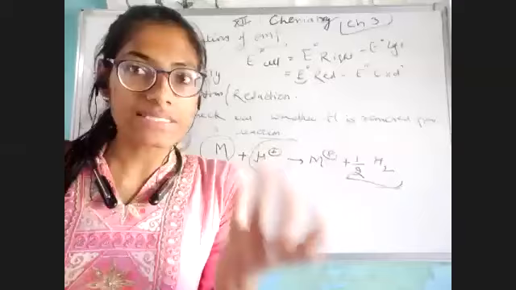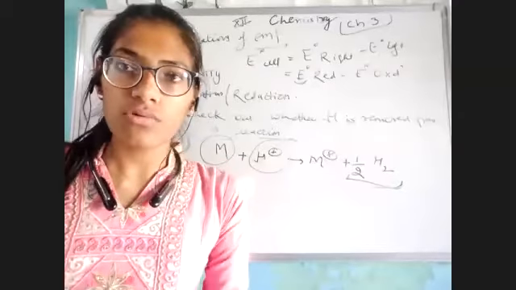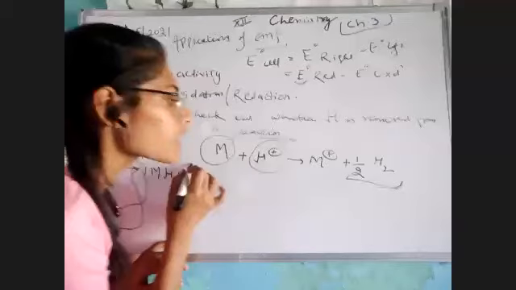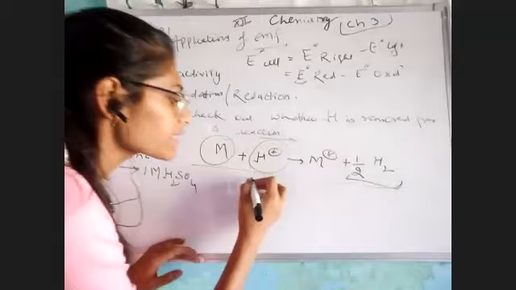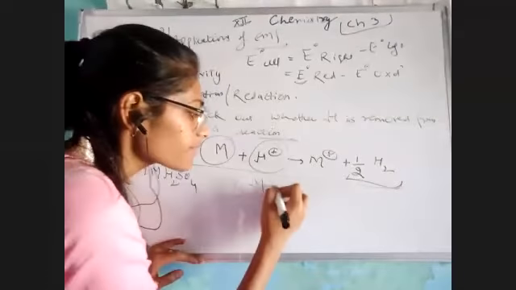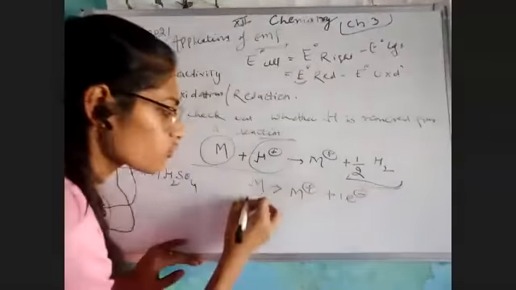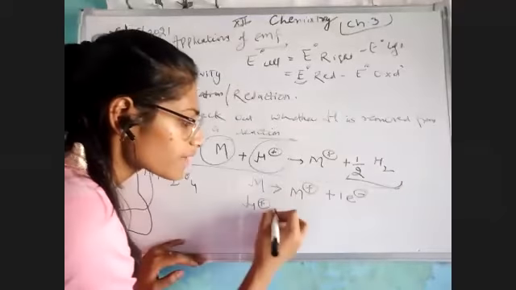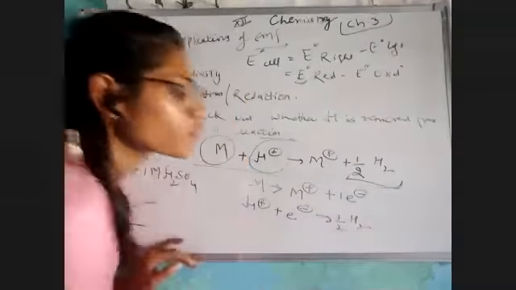Would my zinc metal release hydrogen gas or not? So the question is, according to this reaction, we modify it when we need to explain it a little bit. It tells me the metal is releasing an electron and H positive is gaining that particular electron to become hydrogen gas.